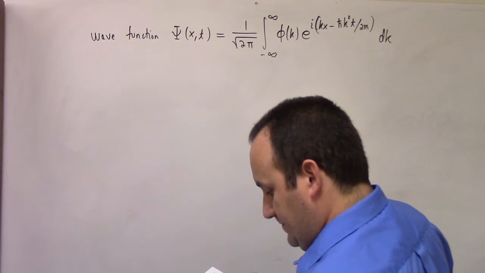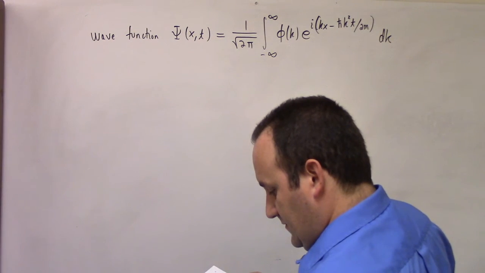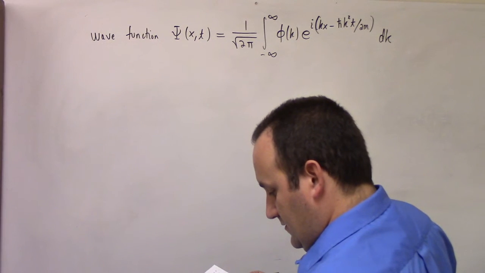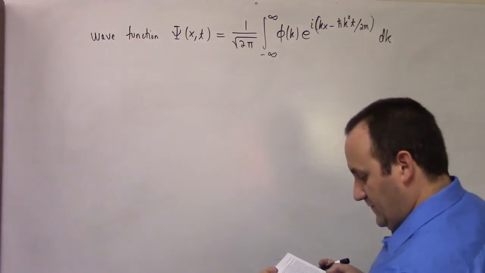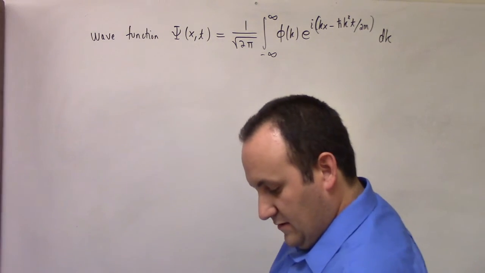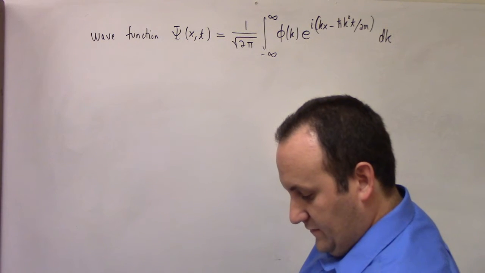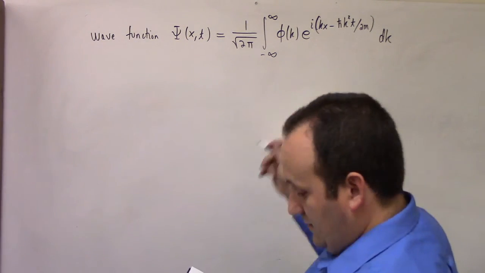In a generic quantum problem, we are given the initial wave function psi of x,0, and we are to find psi of x,t. For a free particle, the solution has the form like that.